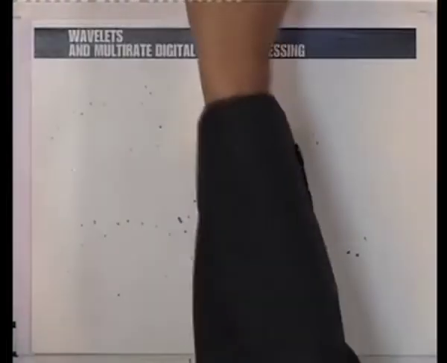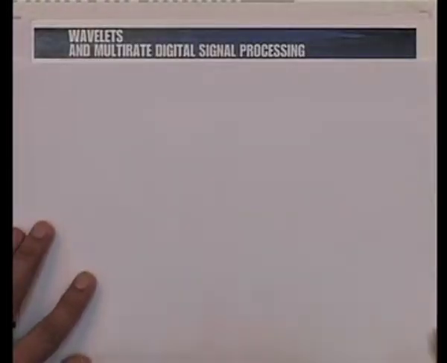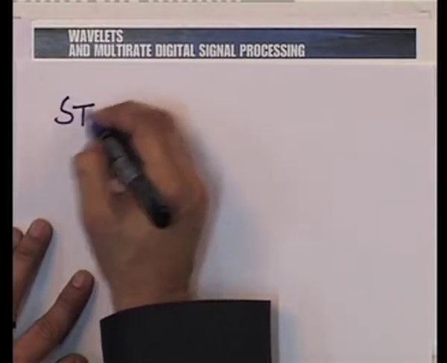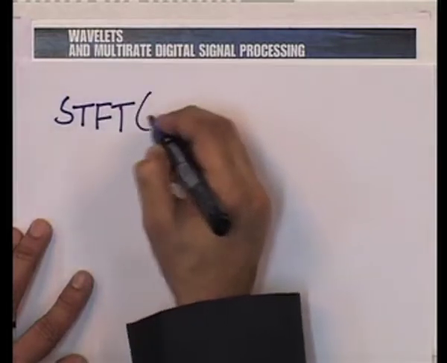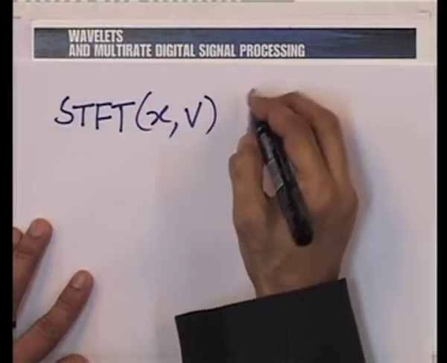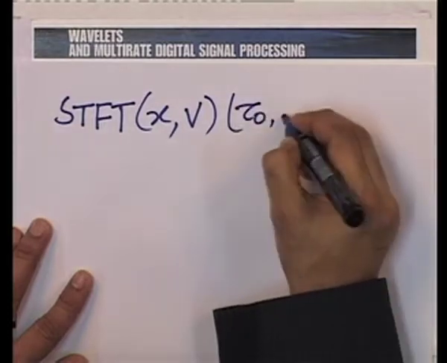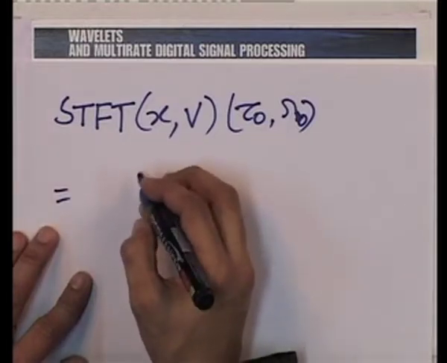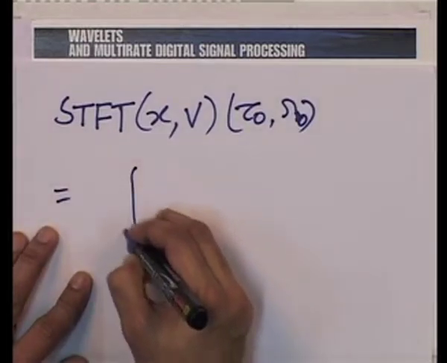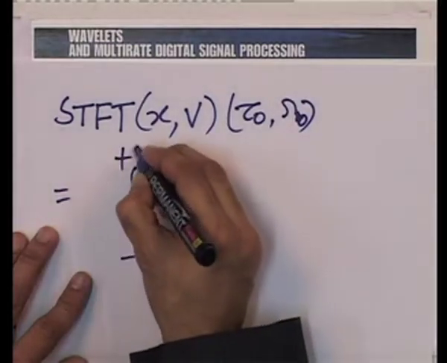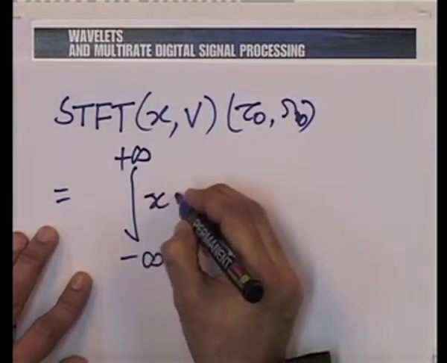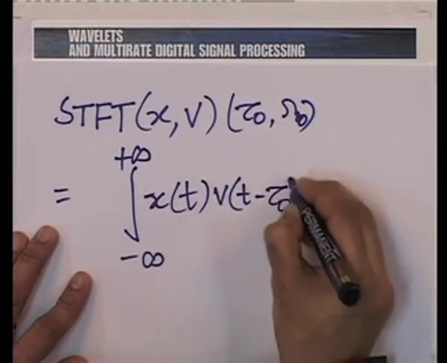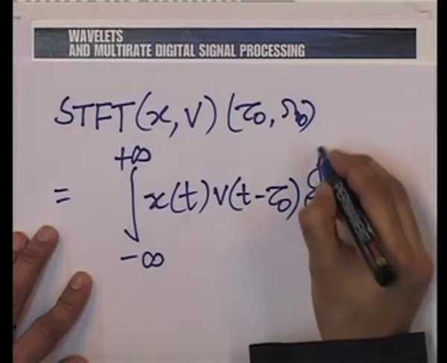Anyway, let us recall once again what this quantity was. STFT of x with v as secondary and tau naught, omega naught as primary arguments was equal essentially to a dot product: the dot product of x(t) with a suitably translated window and then modulated.